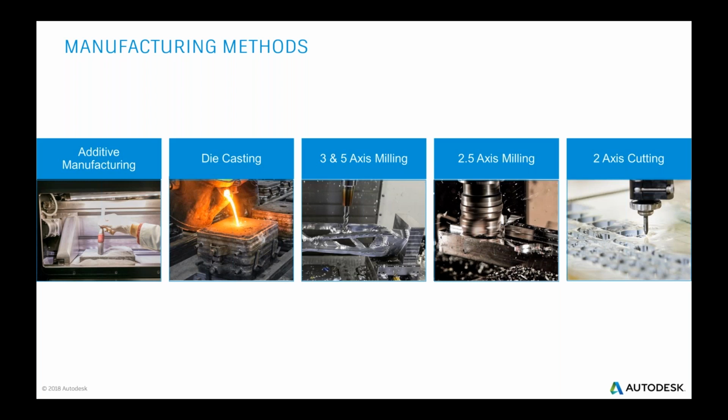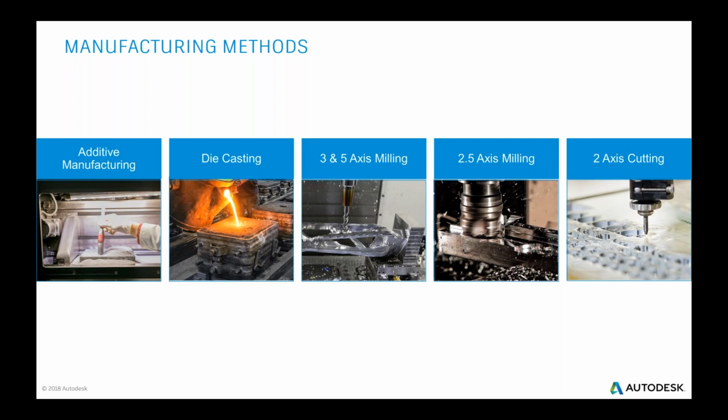You can definitely get that, but if you want to constrain it to additive, with a specific printer and certain overhang angles you can or cannot tolerate, with die casting and looking at draft angles, based on your milling machines, what size bits do you have, and what's the tool reach, so that we can make sure we're able to cut out appropriately sized holes.